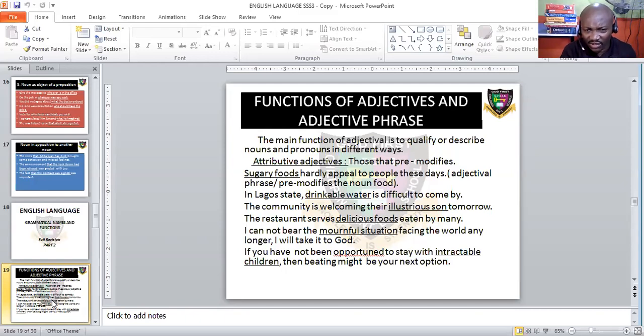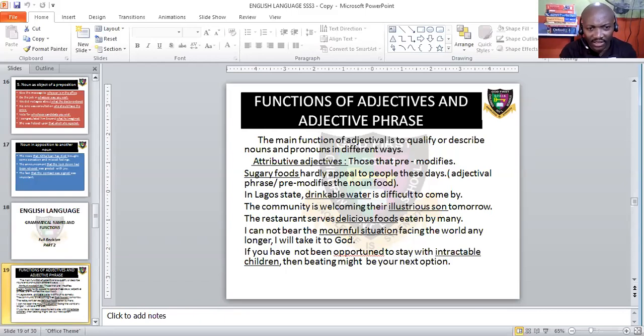In our earlier study, if you remember, I mentioned that OUS ending words are adjectives like precious, conscious, sumptuous, delicious. Now we have illustrious as an adjective as well. Now look at this: the restaurants serve delicious foods eaten by many. Delicious food is an adjectival phrase which pre-modifies the noun food.